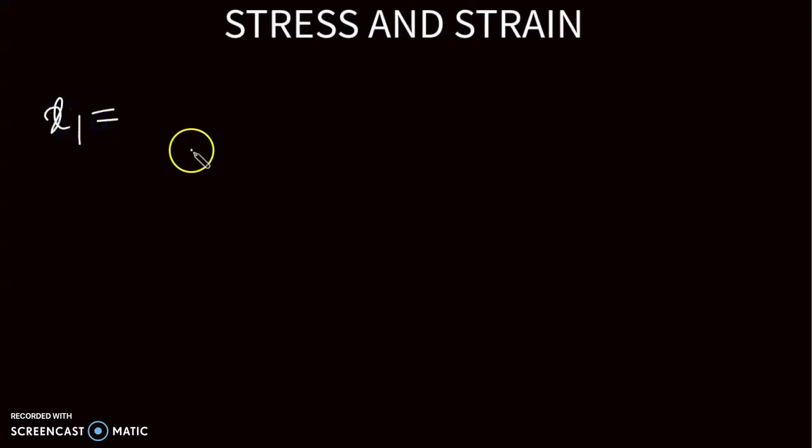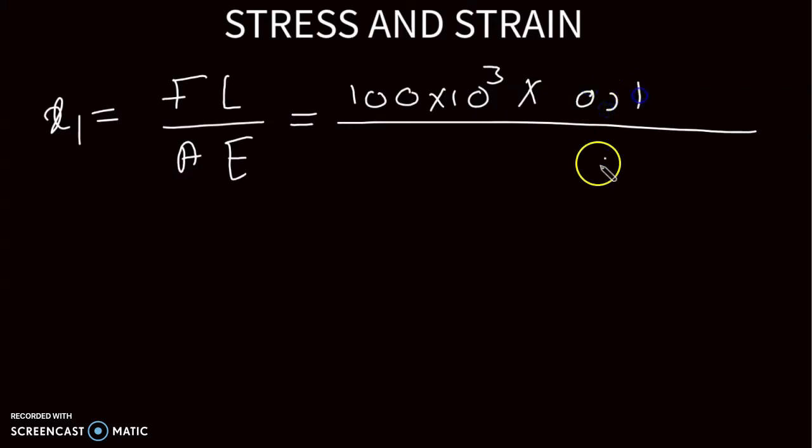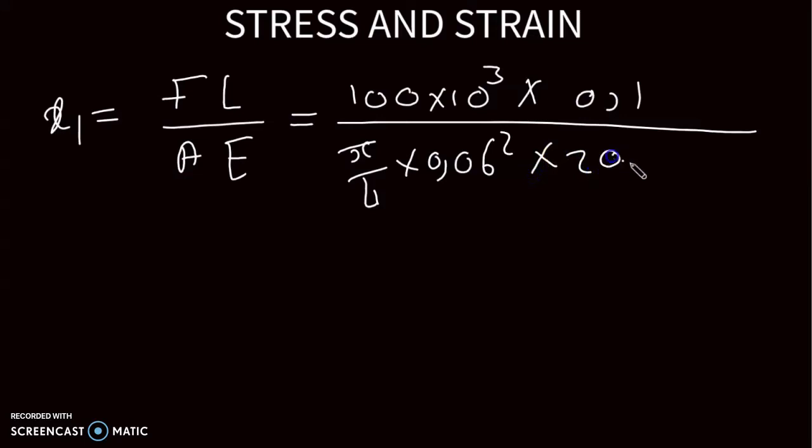X1, change in length number 1, equals F, L, A, E. 100 times 10 to the power 3, that's our force. Our length, 0.1. Our area, and 200 times 10 to the power 9, that's our Young modulus of elasticity.